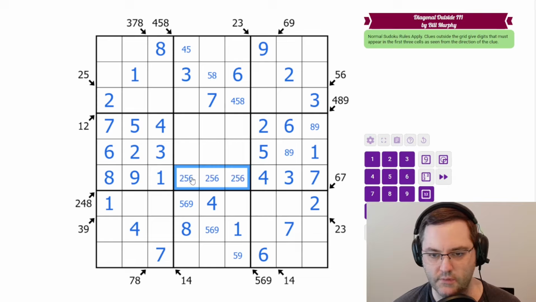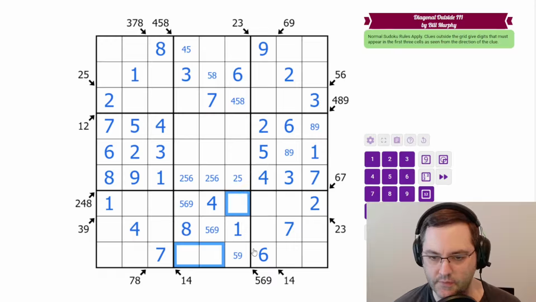This is 2, 5, 6. That's not super helpful. Alright, have we not done any clues? That is usually my problem in this kind of puzzle, I will just miss a clue. I think I missed this 5, 6, 9 for a while when I solved this.